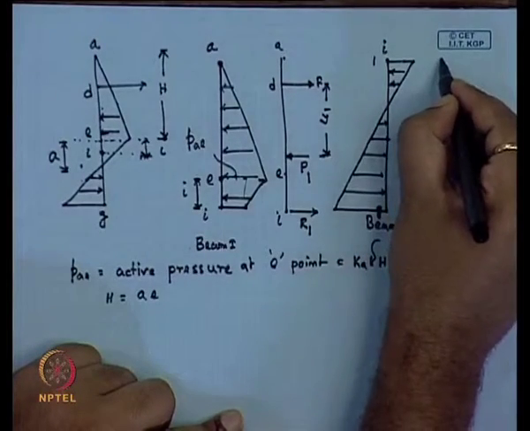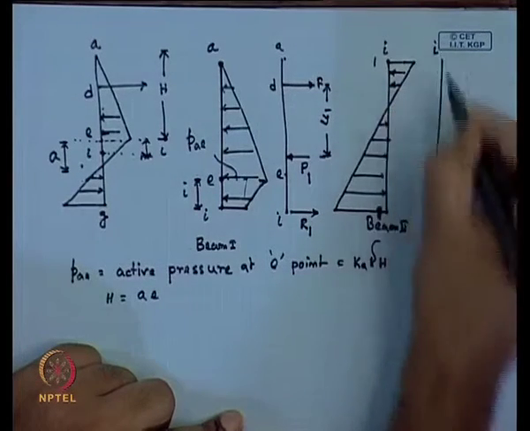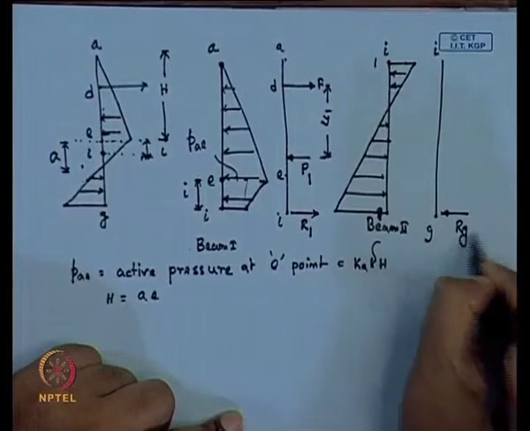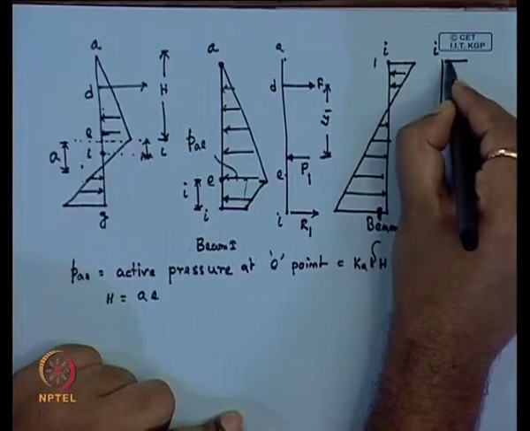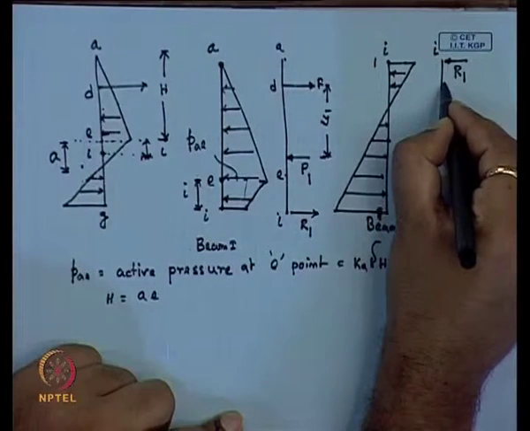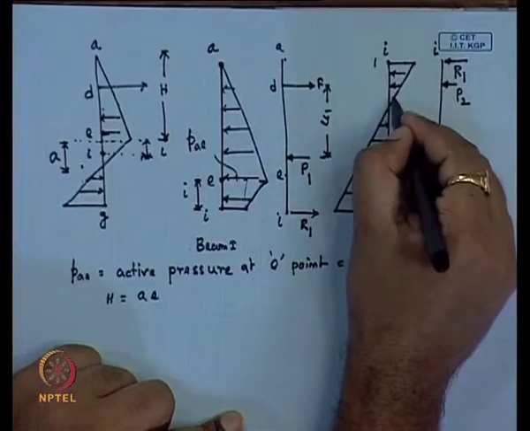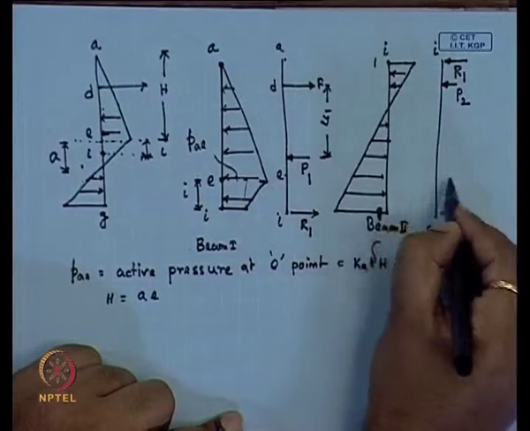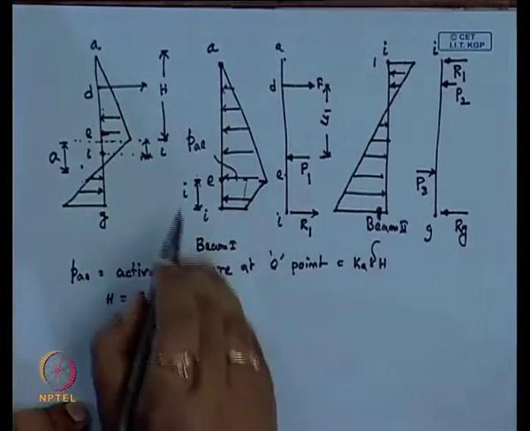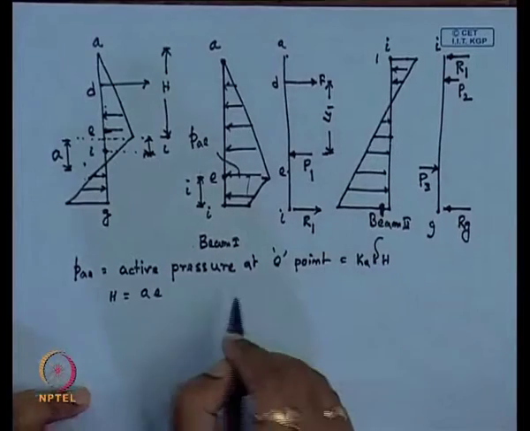Now if we consider the forces acting for this I to G, this is the reaction force R G acting, the same R 1 is acting in the opposite direction, and then this P 2 will act for this small portion of stress, and for this one another force P 3 will act. So, these are the pressure distribution and forces in beam 1 and beam 2.